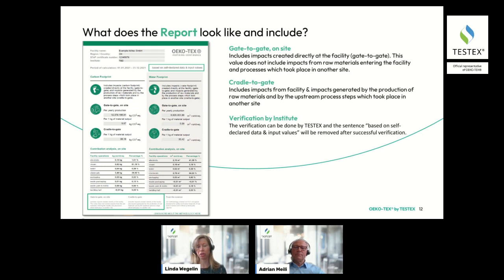If you want to see where your environmental hotspots are, you can look at a more detailed table below. And very important, I think, the one you highlighted at the end, Adrian, the verification by one of the OEKO-TEX institutes, so that it's not just based on self-declared data and input values, but that you can use this report as being certified and verified by a third party.